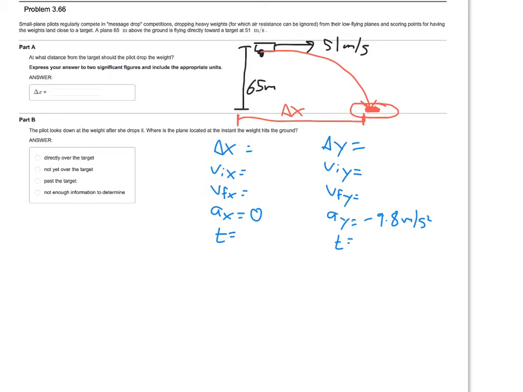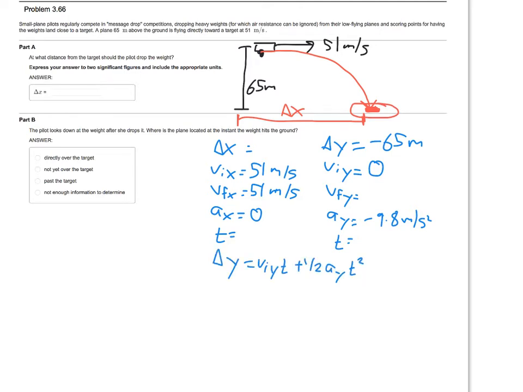Okay, we know that our y displacement is going to be negative 65 meters because we're losing 65 meters of height, the package is. And it's initially traveling horizontally, so this is a horizontal launch, which means our initial y velocity is 0. In the x direction, we also know our initial and final velocity is going to be 51 meters per second. And it's the same for both because there is no horizontal acceleration.